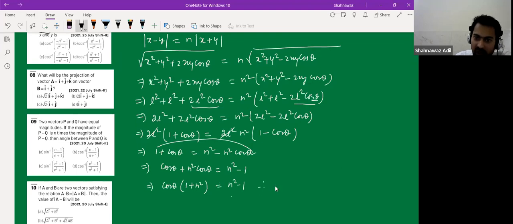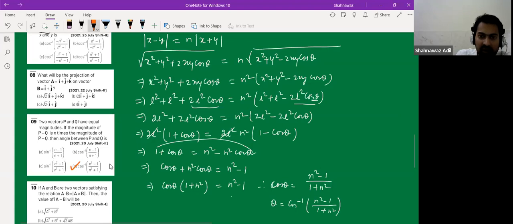So cos theta is n square minus 1 by 1 plus n square, right? So your theta is cos inverse of n square minus 1 over n square plus 1. Right, so this is the answer.